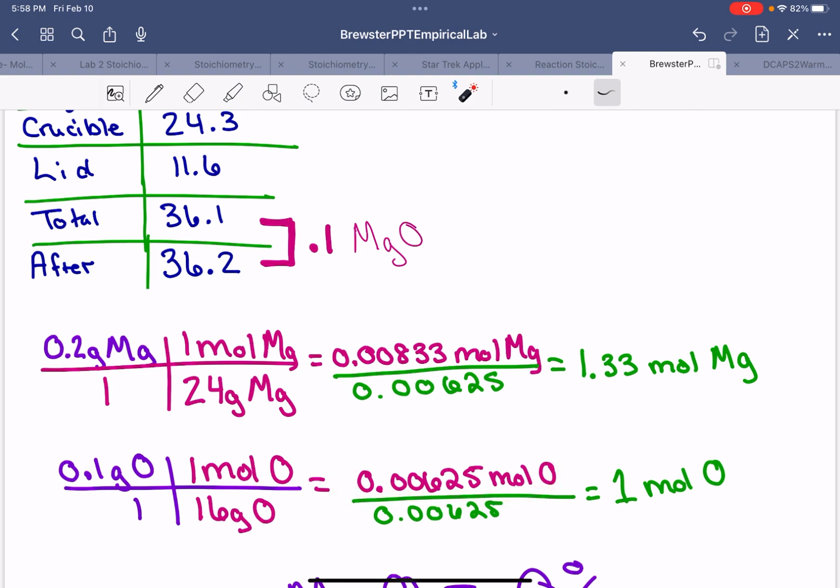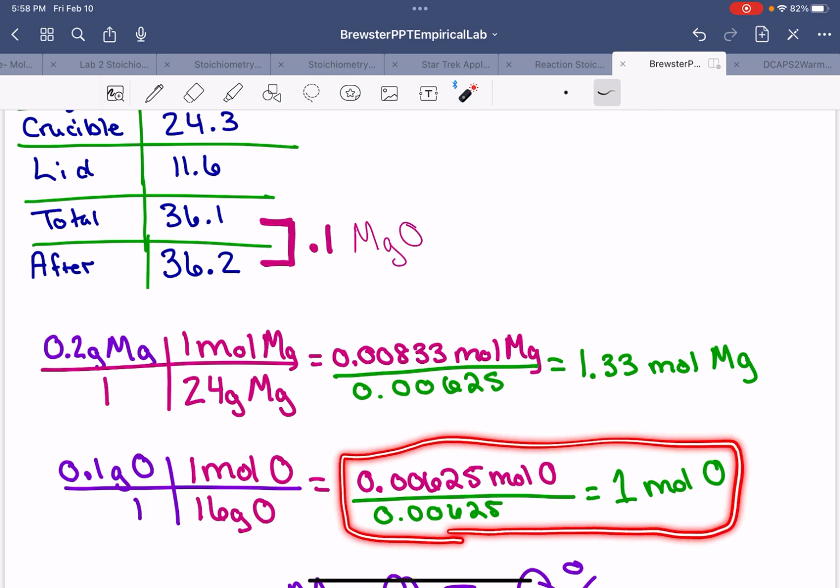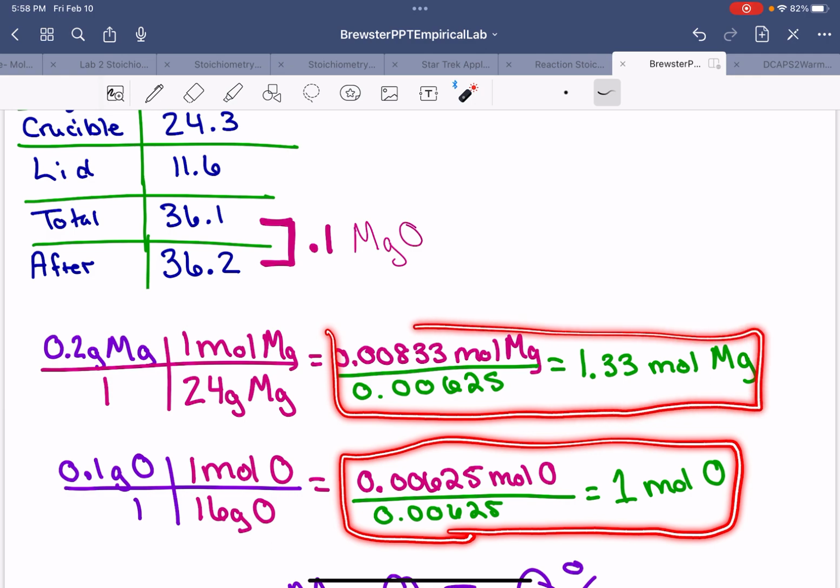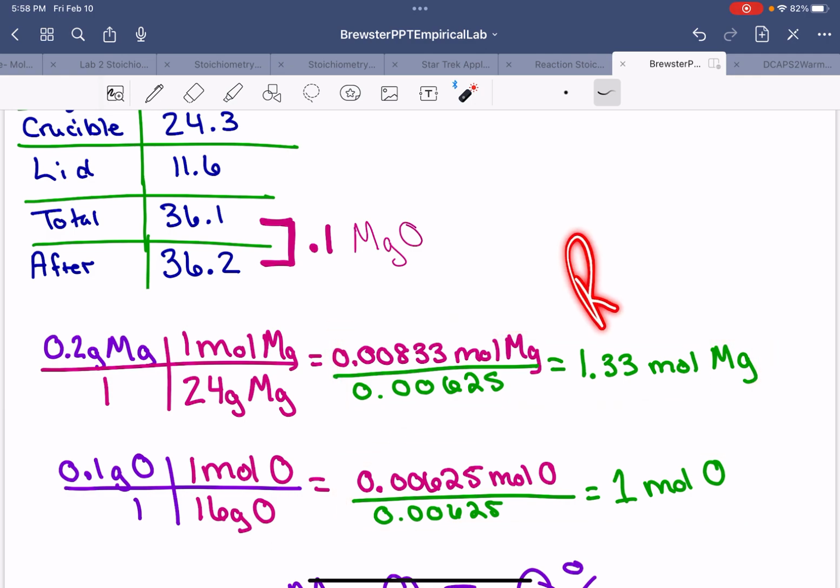Your next step, we compare these two numbers, the two that we just got, and we determine which one's the smallest. The smallest is the 0.00625. So we're going to divide it by itself and set it as 1. And what I do to one, I do to the other. This is giving me a ratio.